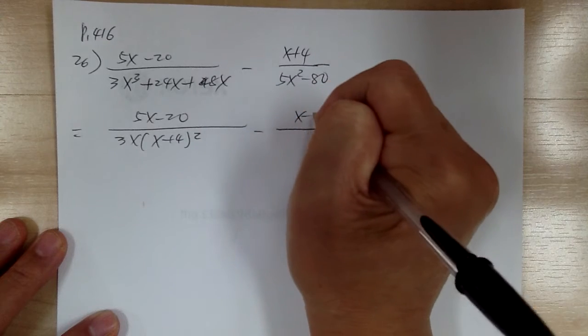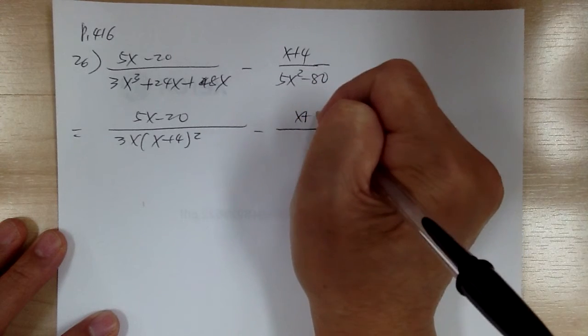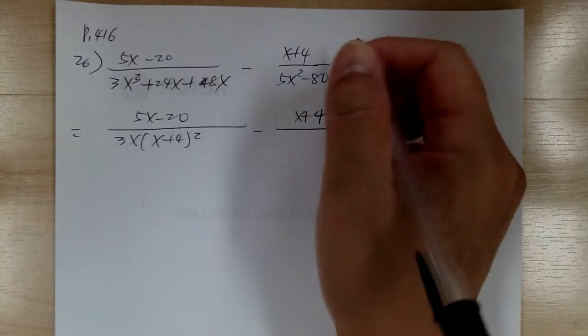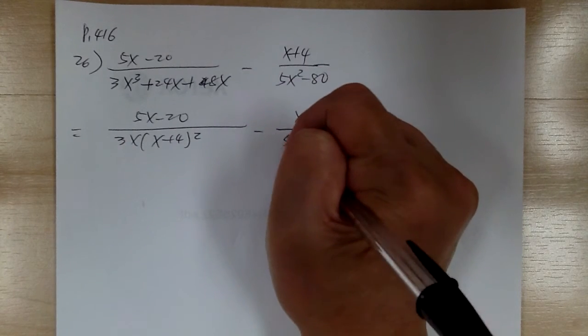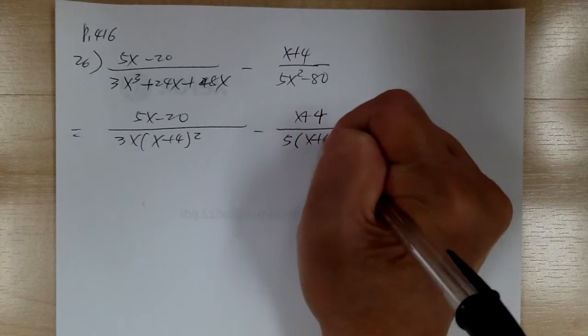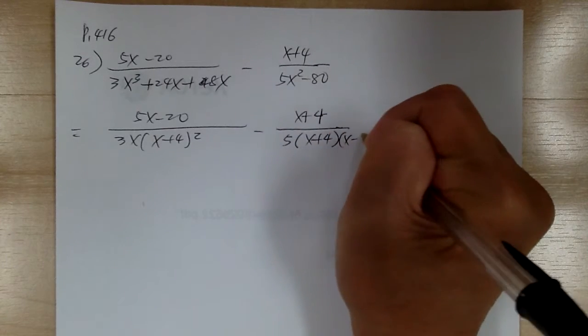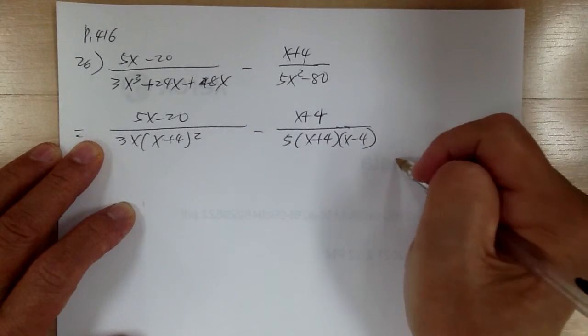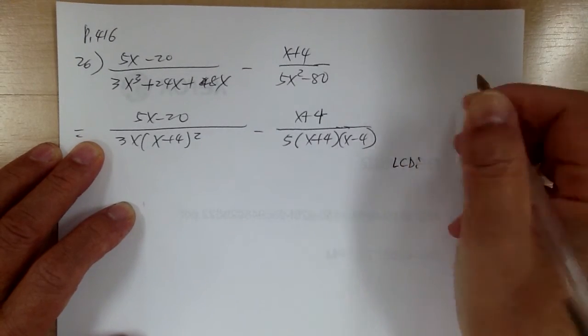This one, you're going to get 5, and x plus 4, x minus 4. There you go.